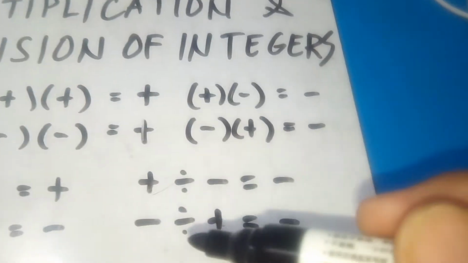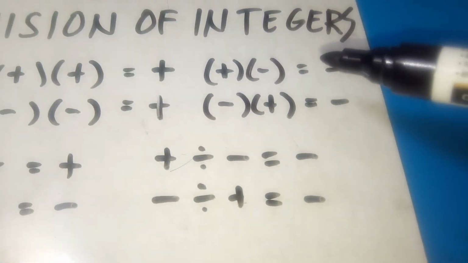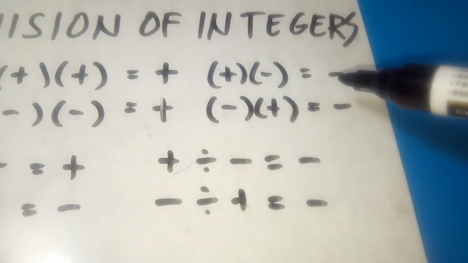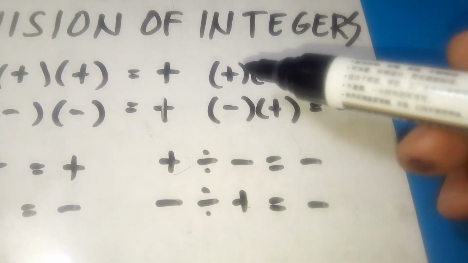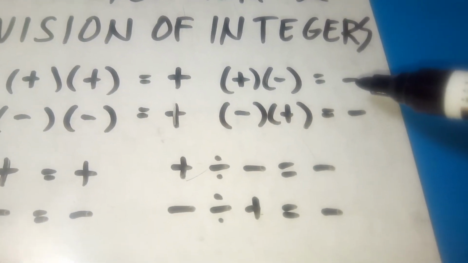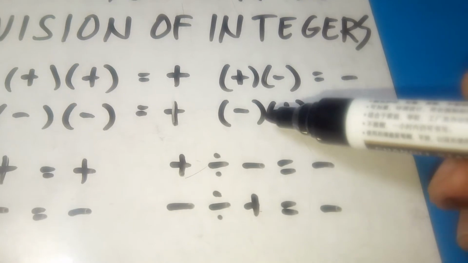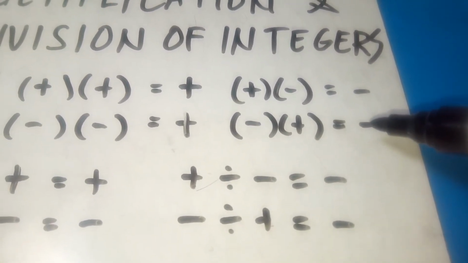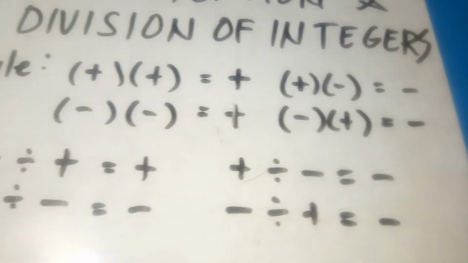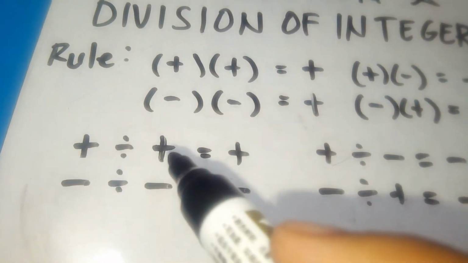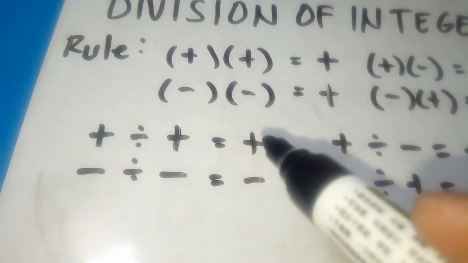Whereas if one of its factors is negative, the result will be negative. So a positive multiplied by a negative integer, the result will be negative. A negative multiplied by a positive integer, the result will be negative. When it comes to division, a positive integer divided by a positive integer, the result will be positive.